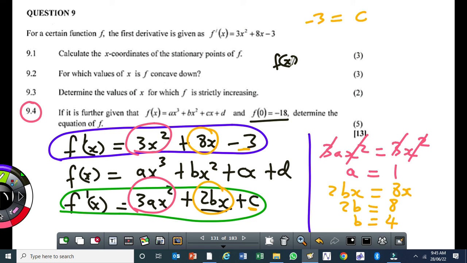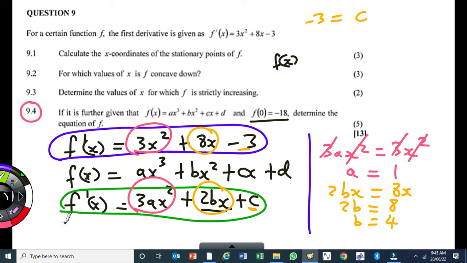I think let me write it down. So therefore, our equation is going to be f of x equal to x cubed, positive 4x squared, right?